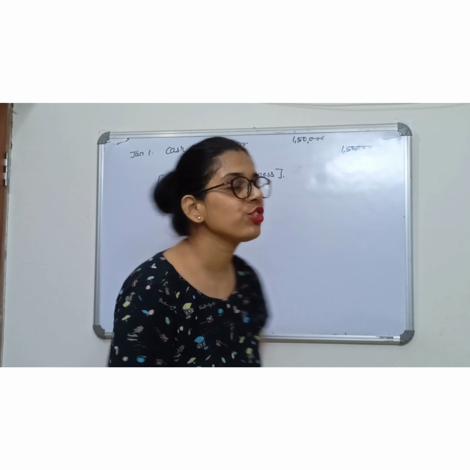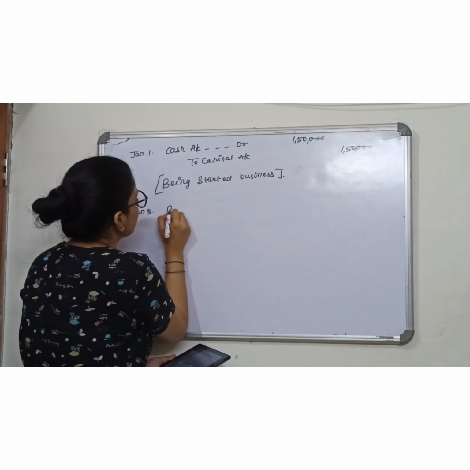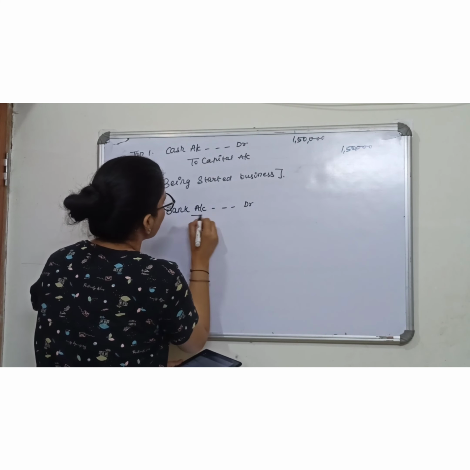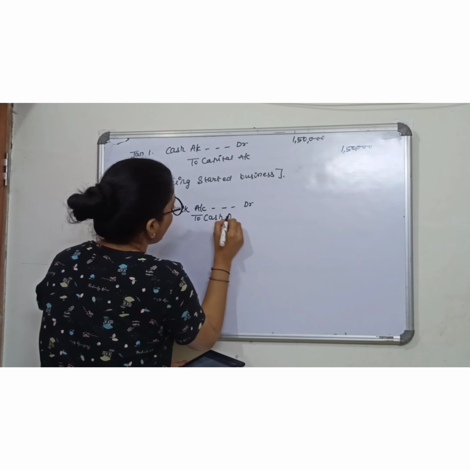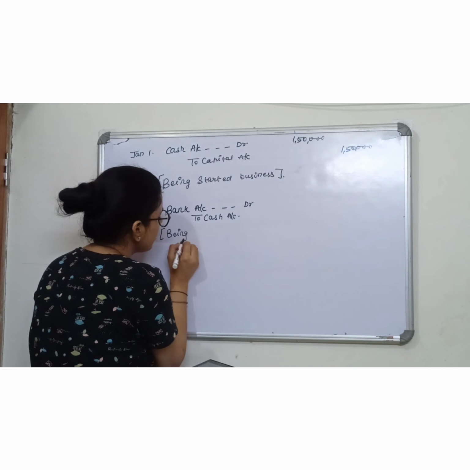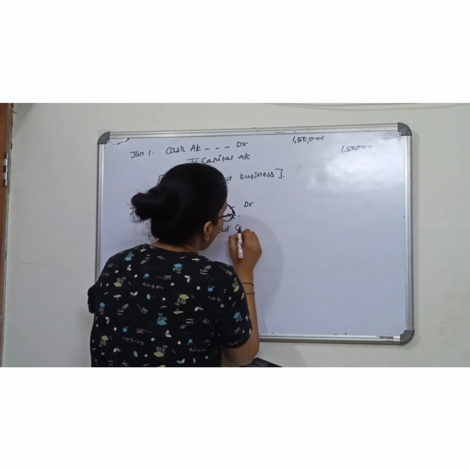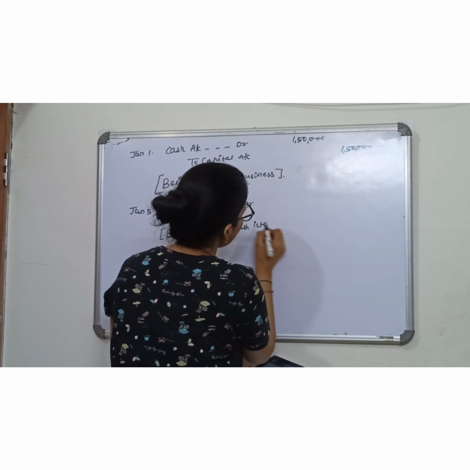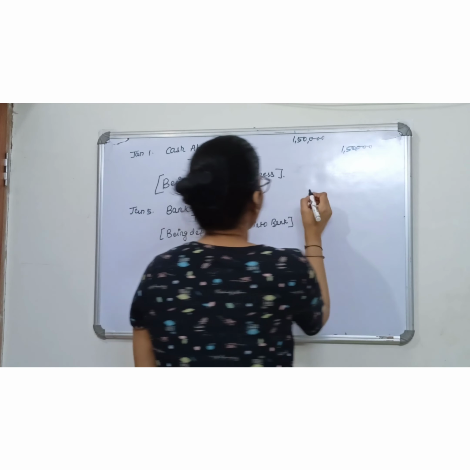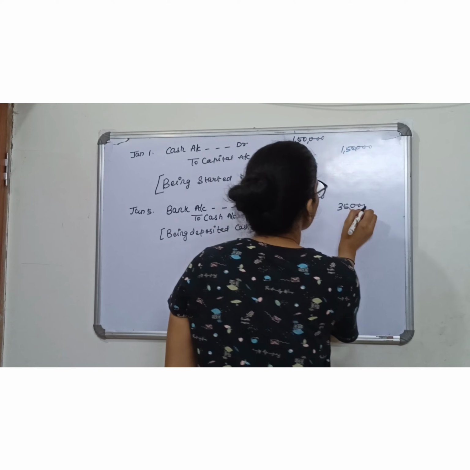So the journal entry will be January 5, bank account debit to cash account, being deposited cash into bank, and the amount is going to be 35,000 in the debit column and 35,000 in the credit column.